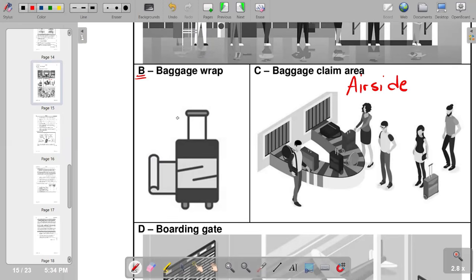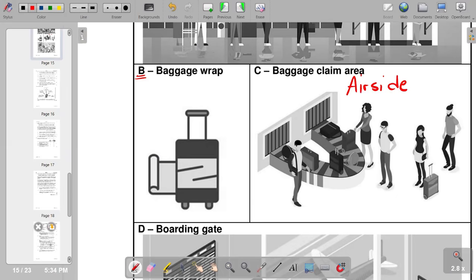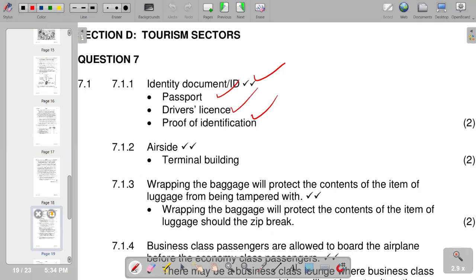So what is the advantage of using the baggage wrap? Wrapping the baggage will protect the contents of the item of luggage from being tampered with. Also, wrapping the luggage will protect the contents should the zip break. Those are the advantages.